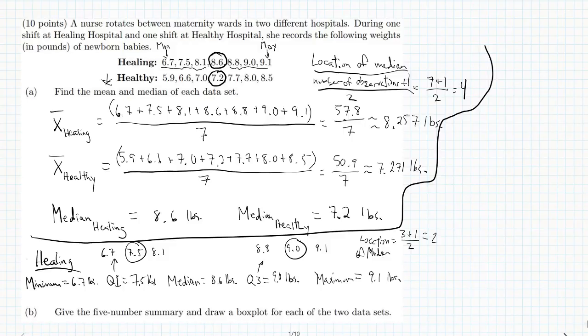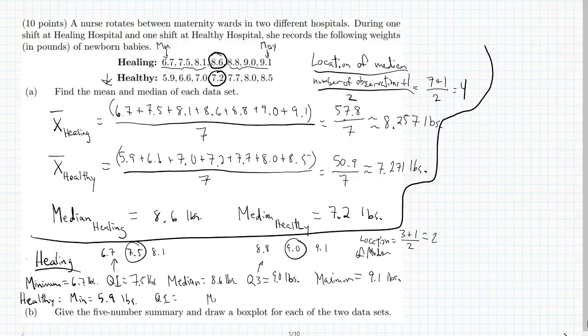Okay, so now on the next bit, let's do healthy hospital. I'll write out what the values represent. So we go minimum, and usually you write these in increasing order. That's what you're trying to do. So the minimum is 5.9 pounds. Q1 we'll come back to in just a minute.